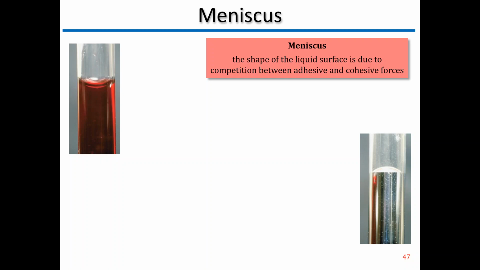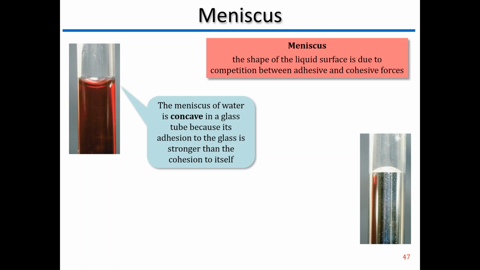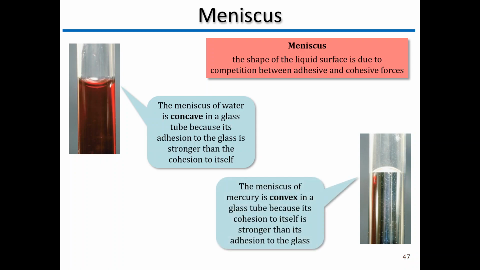So remember we said that water has very strong cohesive forces, or very high attractive forces, but compared to mercury, mercury has much higher attractive forces. So what this results in is, as you can see, the meniscus of water is concave, because the adhesion to the glass is stronger than the cohesion to itself. And if we compare that to mercury, we have a convex meniscus in this case.